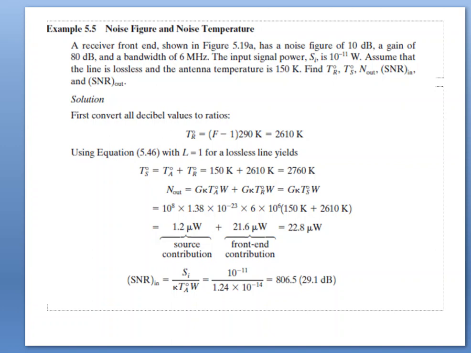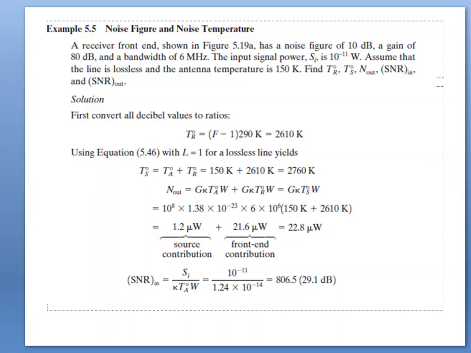Now we find the value of N naught based on the formula shown in the figure. We will get 10 to the power of 8 and 1.38 times 10 to the power of minus 23 times 6 times 10 to the power of 6 multiplied by the total temperature. You will get finally source contribution is 1.2 microwatt, front end contribution is 21.6 microwatt, and total is 42.8 microwatt.